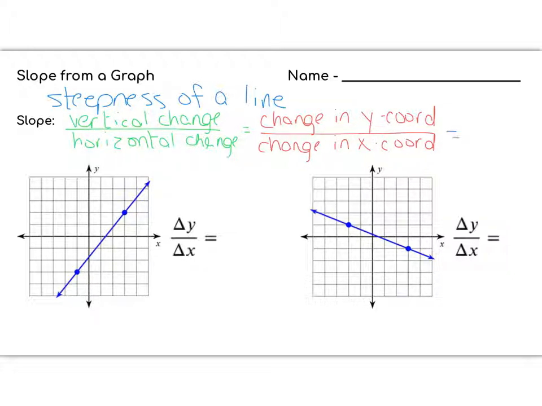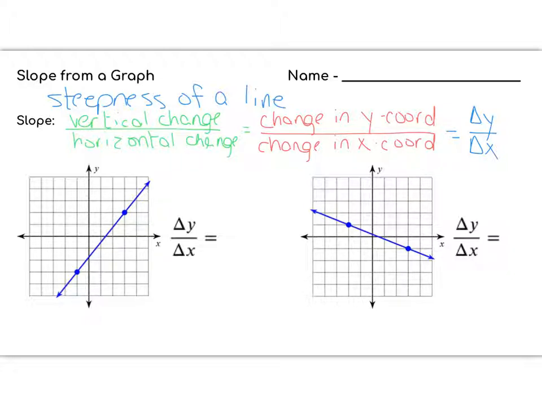So we're going to be all fancy and we're going to say delta y. Delta is a Greek letter and it means change. So this is change in y over delta x, which is change in x. So delta y over delta x means the change in y over the change in x.